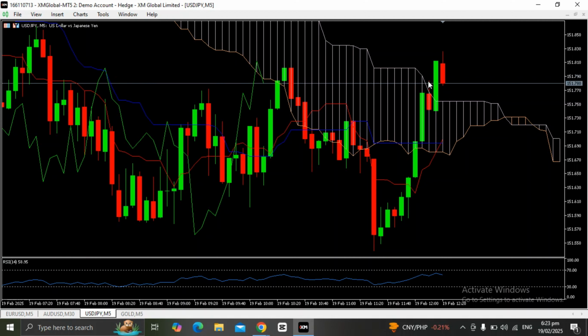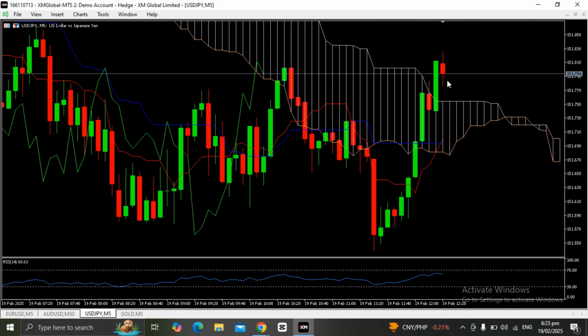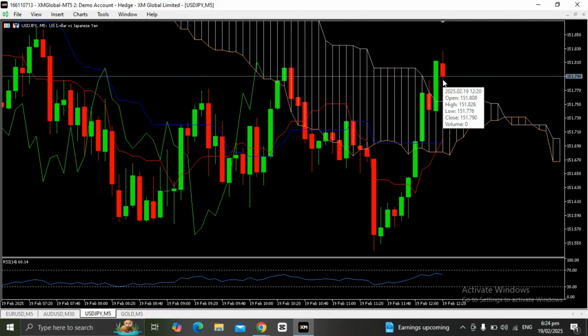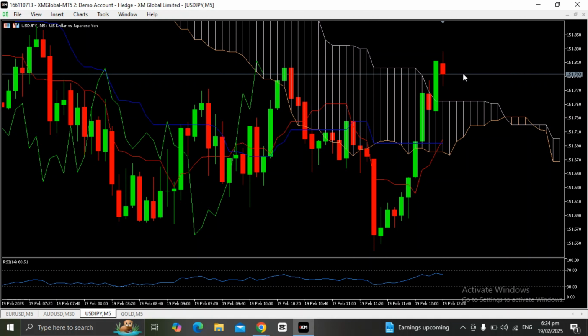this part here. Now looking at this one here, by the way, I am on a 5 minute time frame. So basically what we are looking at here is so far bearish movement, although we still need to finish this one in a minute to see what will be the candlestick.